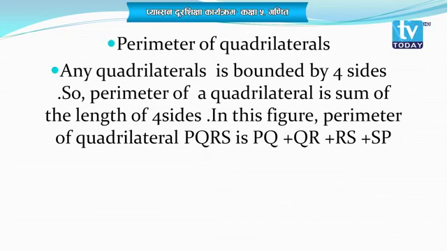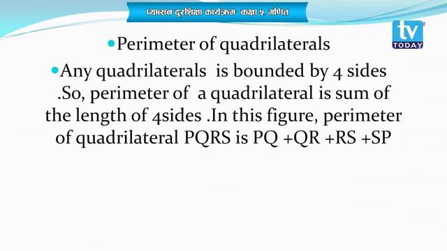Now students, we have to know that a quadrilateral is bounded by 4 sides. So the perimeter of a quadrilateral will be the sum of the lengths of its 4 sides. Just give a name to the quadrilateral, any name you can provide.